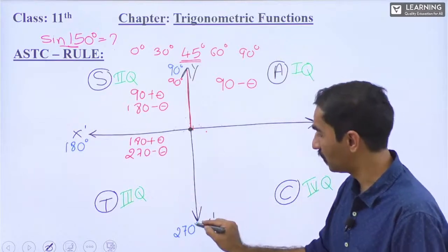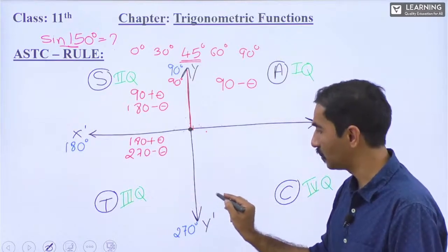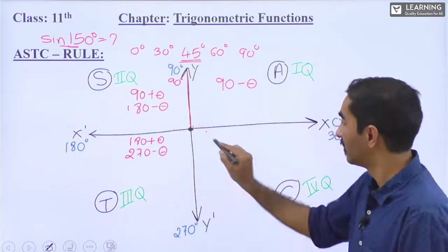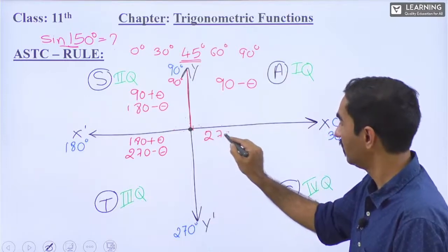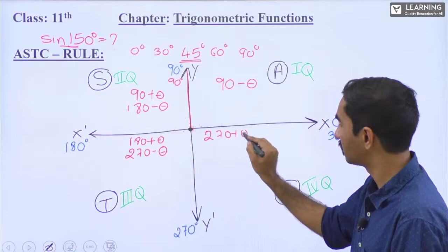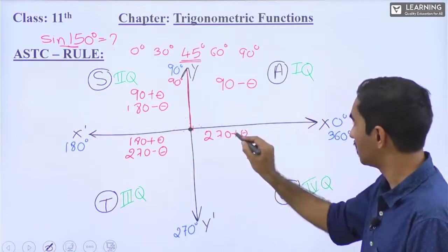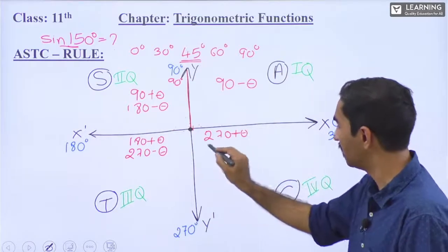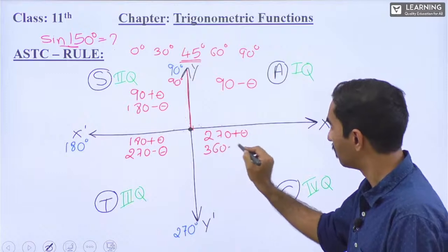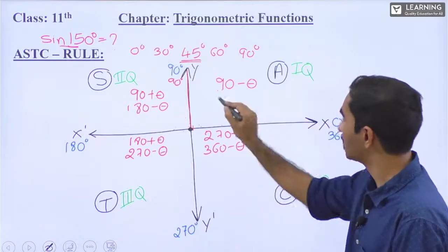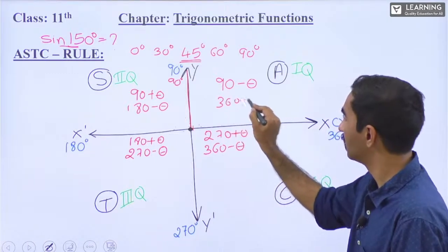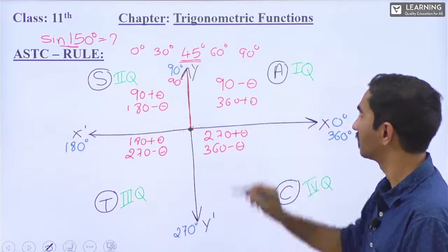Come on this side, after 270 it is 271, 272, 273, correct? So this will be 270 plus theta. Take 360. Below 360 will be 360 minus theta. Above 360 will be 360 plus theta.